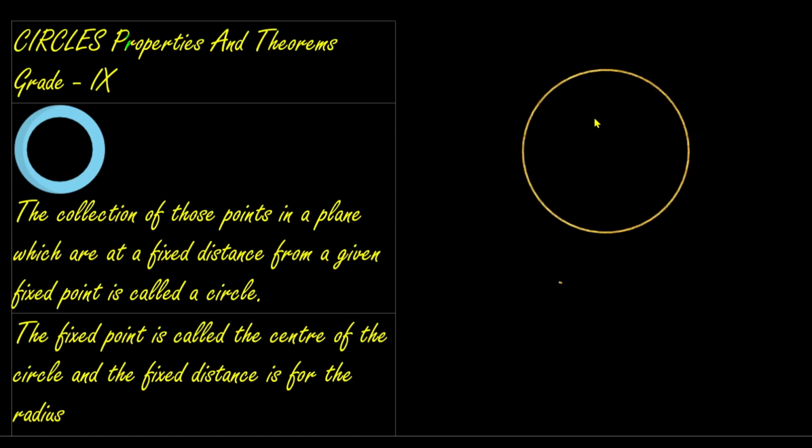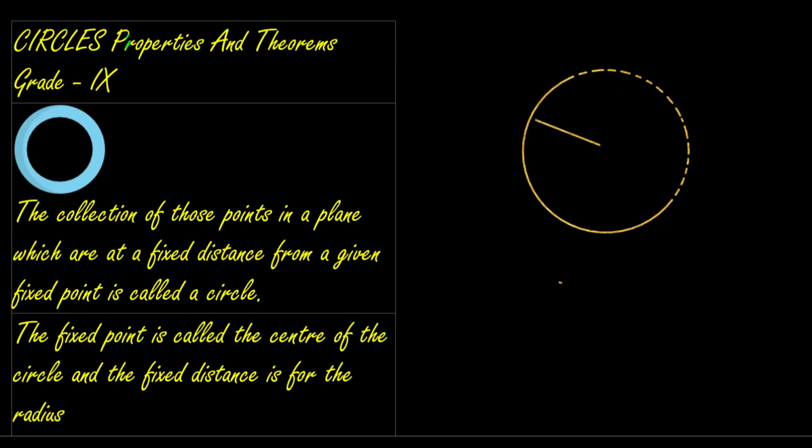So it says it's a collection of those points in a plane which are at a fixed distance from a given point. So why do I say that's a collection of infinite points? As you can see, there are an infinite number of points, whatever these points may be, and these points are equidistant from a fixed point.